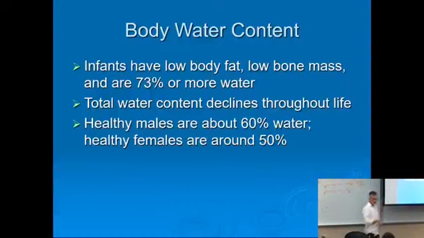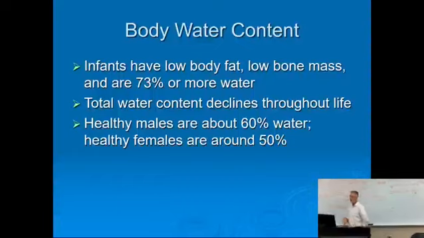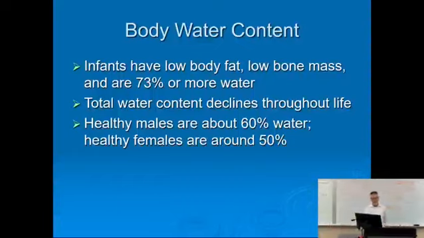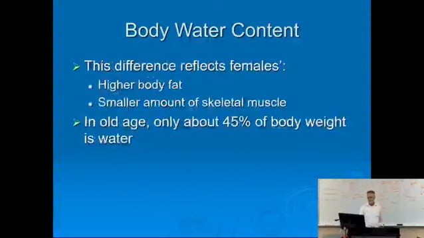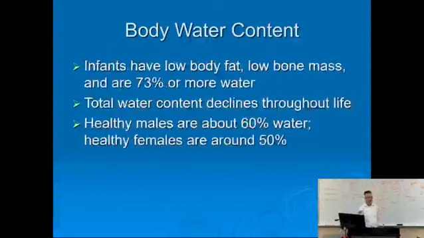So you have lots of fluids coming in. And so your water content can be a little bit higher as an infant. You can see 73% or more of water. And then as you get older, you tend to dry out a bit. Right, so we can see in adult males it's about 60% water, and adult females it's about 50% water instead. So, and in fact, as you get older still, right, that goes down.